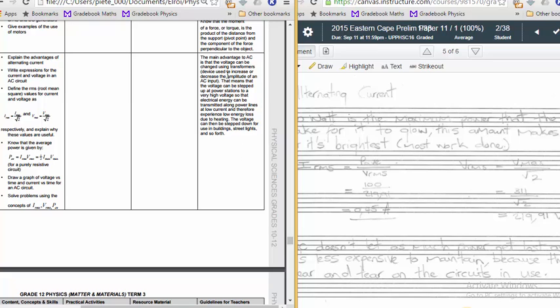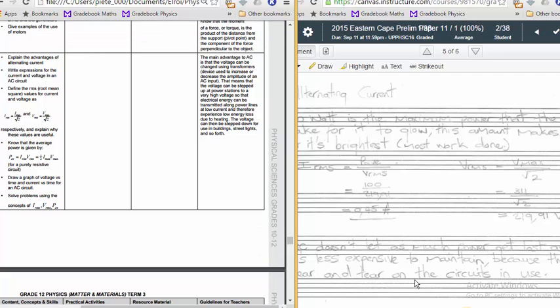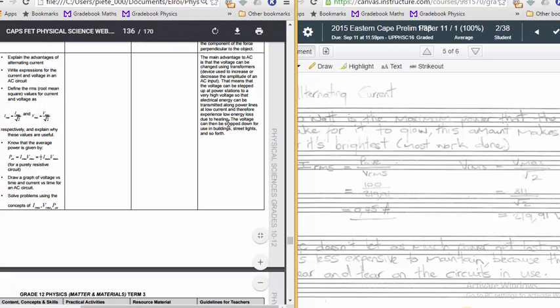Okay, so that's the main advantage. It can be transferred at high voltages, it's easy to step up or step down, and because it can be transferred at high voltages, it can run at a lower current, which makes the loss of power or energy rather less due to heating in the power lines.